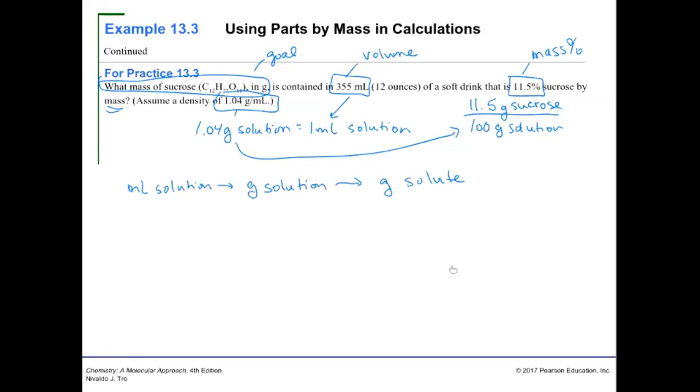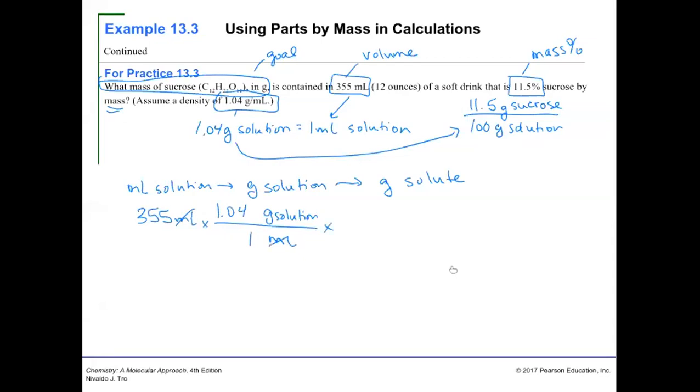So we can take our 355 milliliters of solution. And so we need milliliters on the bottom and grams solution on top. So our density showed us that 1 milliliter goes with 1.04 grams. So that lets us cancel our volume units.